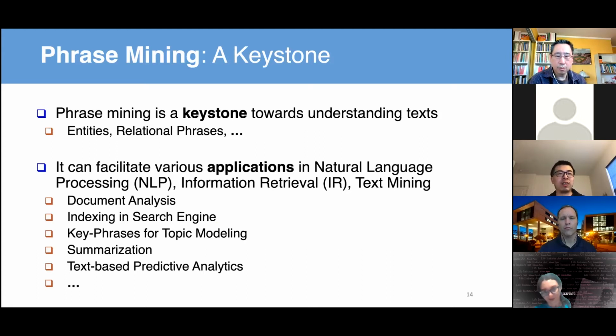When you are indexing for the search engine and comparing the search query, when you are calculating the similarity between the query and document, you can upgrade your analysis from the word level to phrase level, as long as you have a phrase analysis tool here. So this is a very fundamental task in text mining. It can upgrade almost all your analysis to the next level.